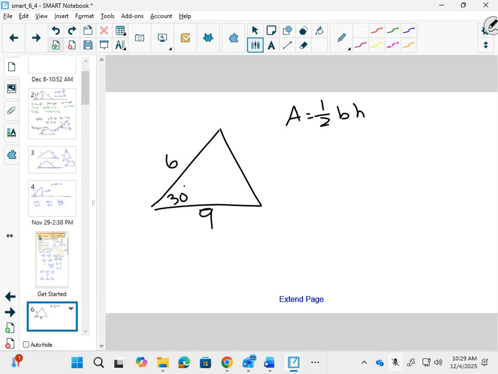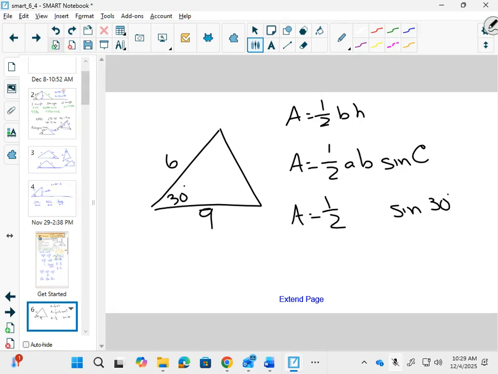I could draw the height and do math, but now I have my new formula that says one half A B sine C. The angle I have is 30 degrees. That's the angle that I have. The angle would go with, if this is C, side C is the opposite one. So one of these is A, one of these is B. It doesn't matter which is which.